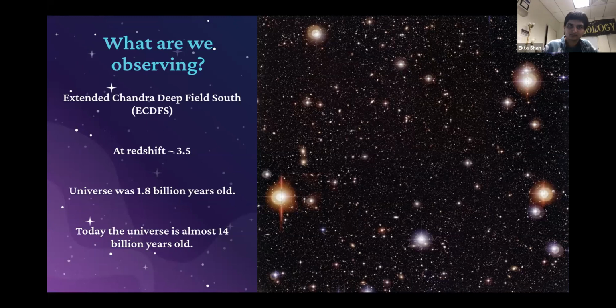We call this an overdensity of galaxies. It depends on the underlying cosmic web structure, if you've heard about it. That's how we figure out where to look.